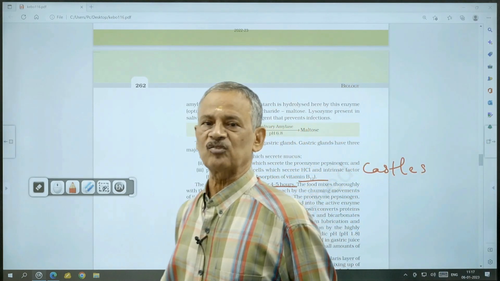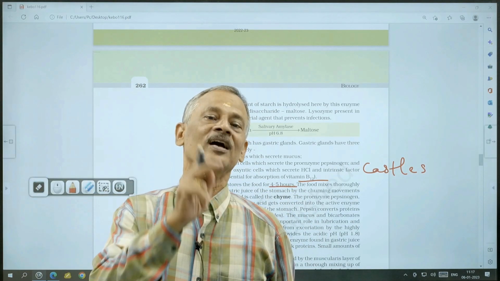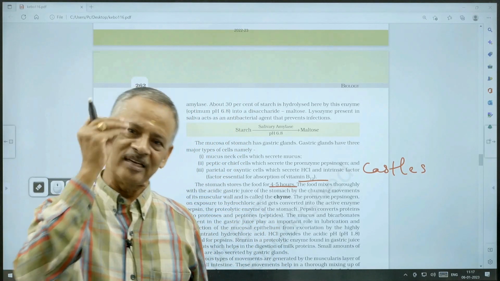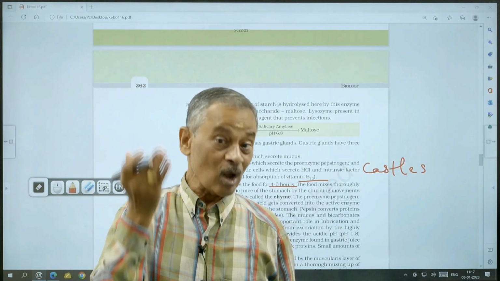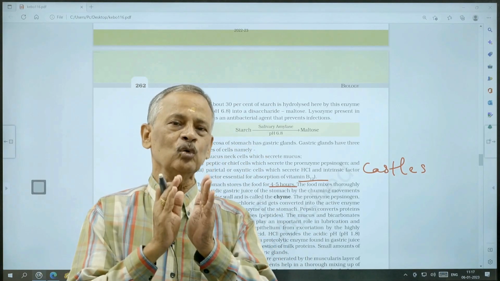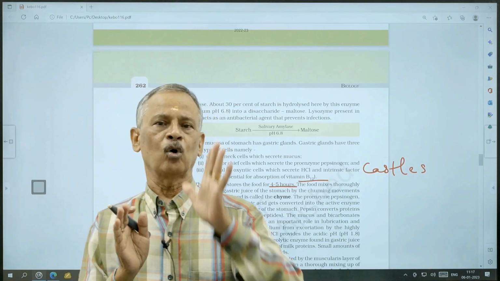That's a defense mechanism. If these enzymes were produced in an active form itself, they would immediately digest the protein of the gland itself. So to avoid that, they are produced in inactive form. Such an inactive form of enzyme is called proenzyme or zymogen.